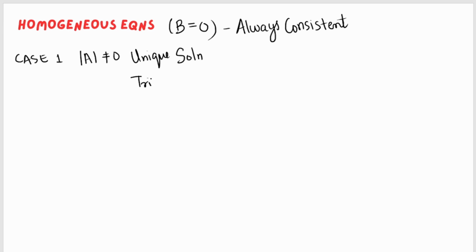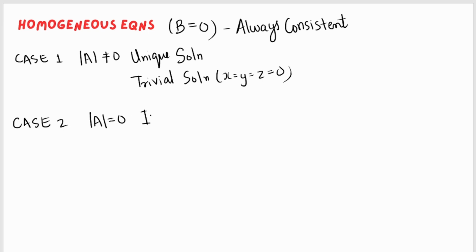It will have trivial solution. Trivial solution means the values of x equal to y equal to z equal to 0. That is what it means by trivial solution. Now case 2, when determinant A equals 0, that is infinitely many solutions, and it will be also consistent, always consistent.